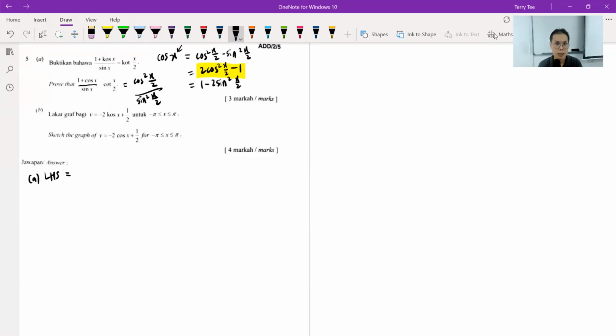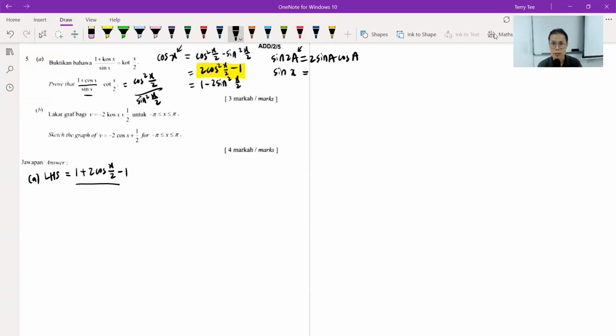So I'm going to use this one, right? So let us say 1 plus, instead of writing cos x, I'm going to write 2 cos square x over 2 minus 1. Okay, how about my denominator? My denominator I have sine x. Now again, go back to the formula for sine 2a, which is given as 2 sine a cos a. But instead of writing sine 2a, I write sine x, right?